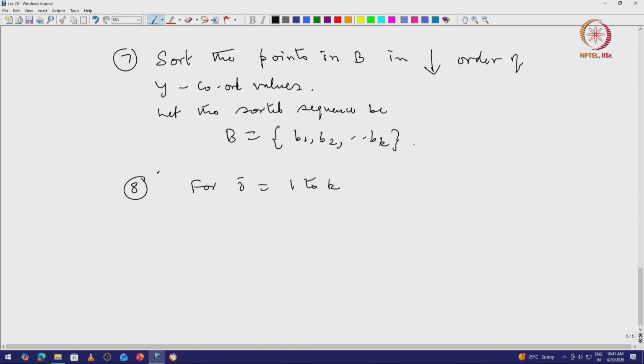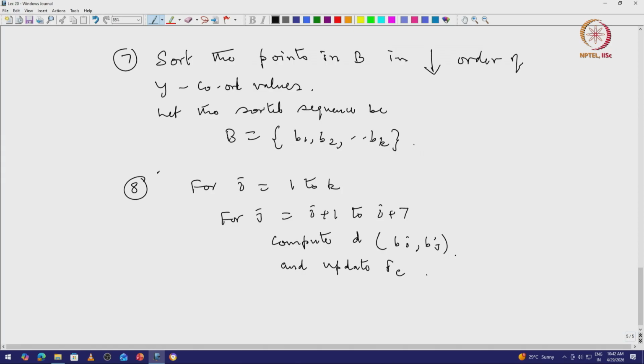For i equal to 1 to k, for j equal to i plus 1 to i plus 7, compute the distance between Bi and Bj and update delta C. So this computes step 8.